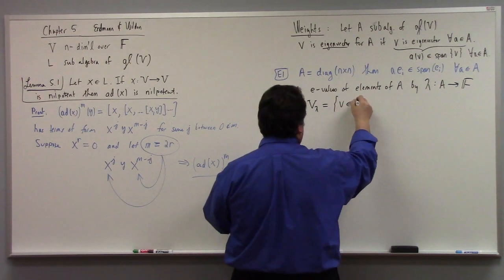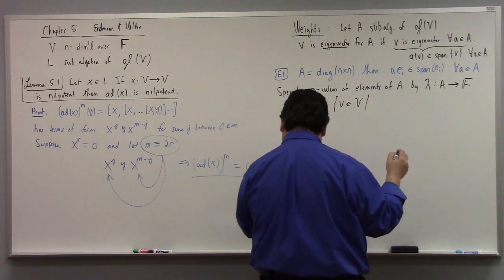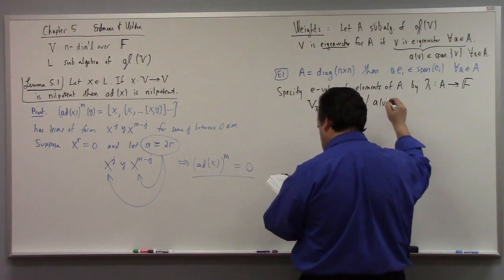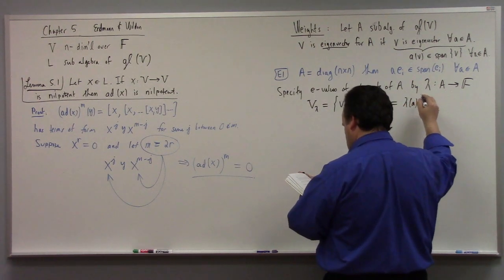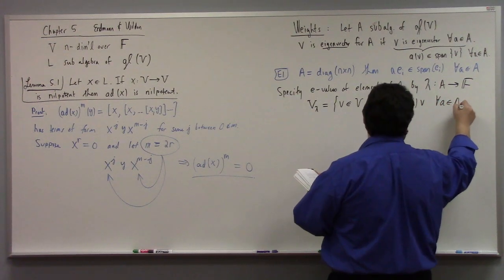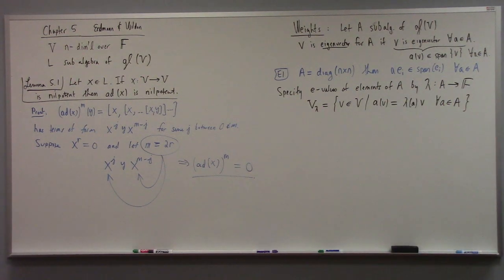The v in V such that a(v) is equal to lambda(a) times v for all a in A. So then his exercise 5.1 is to check that these eigenspaces are indeed vector subspaces of V. And then part 2, to use the notation to basically look at the dual basis to the, well, what's he doing here?